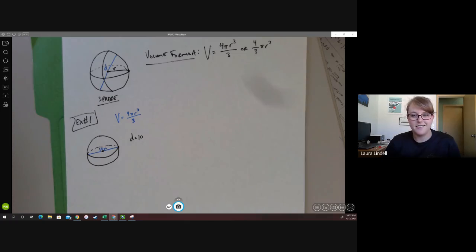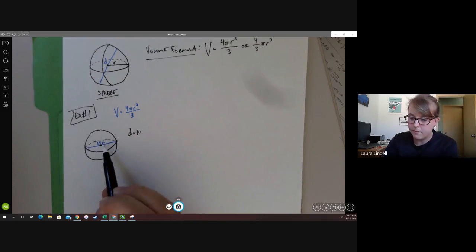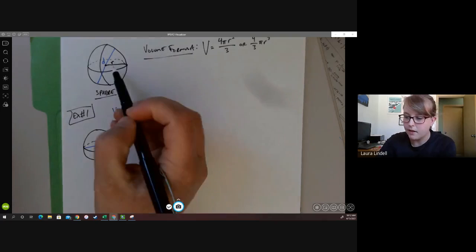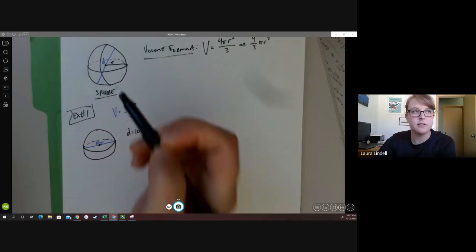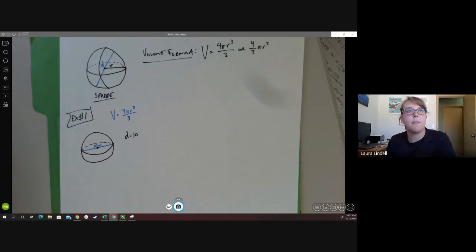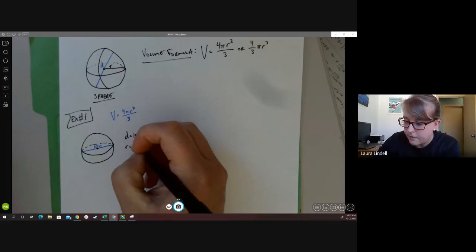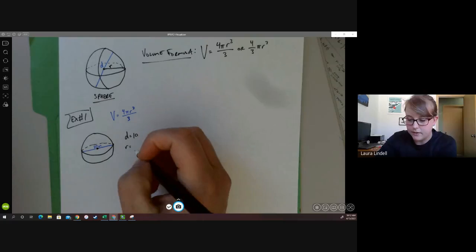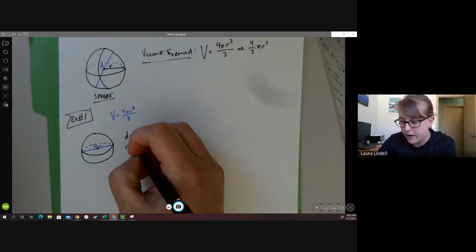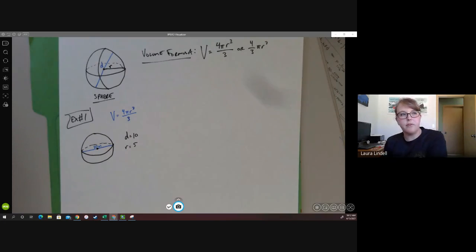Any thoughts? So if the diameter the whole way across is 10, remember the radius up here is halfway across. So what would half of that be? 5. There we go. Remember, the diameter is 2 times the radius. The radius is 1/2 of the diameter. So it would be 5.